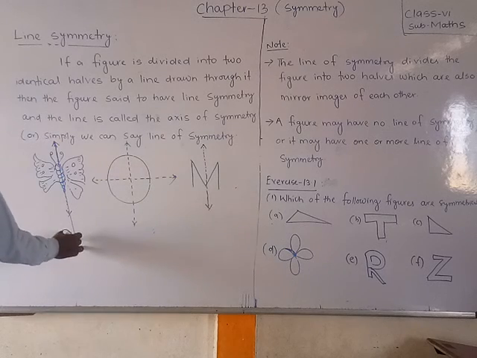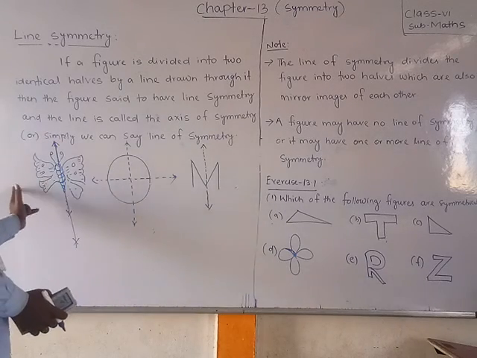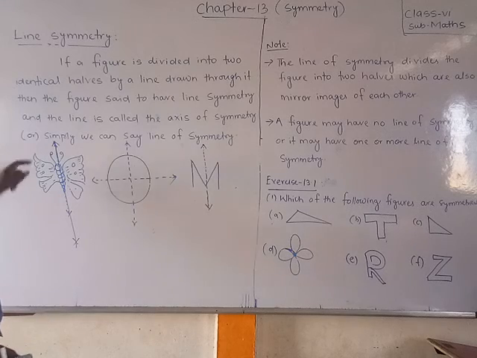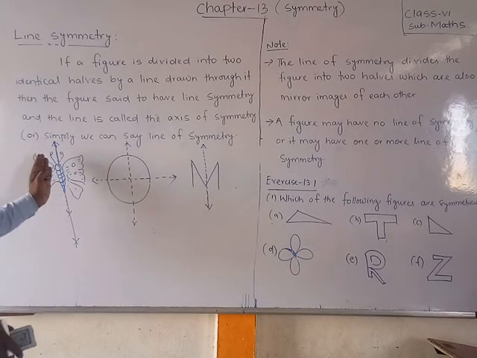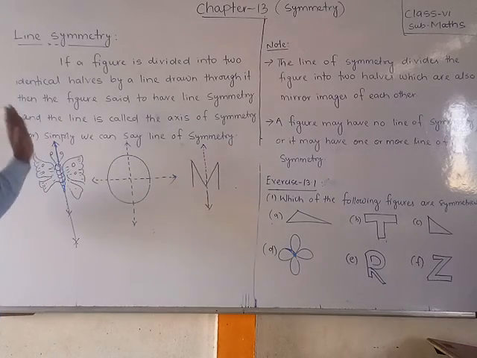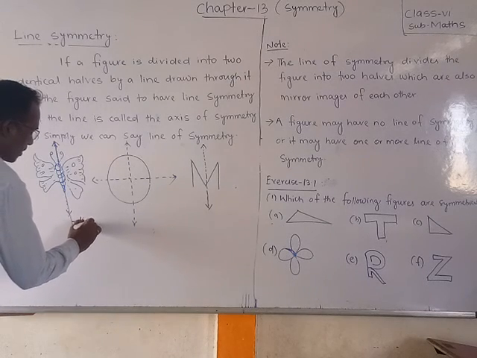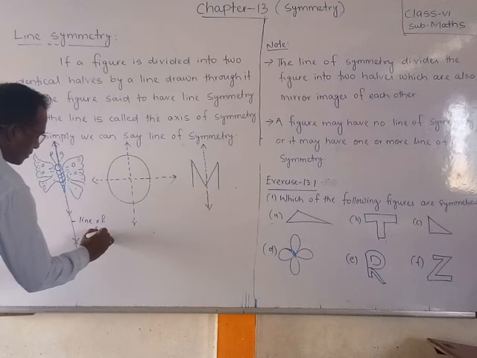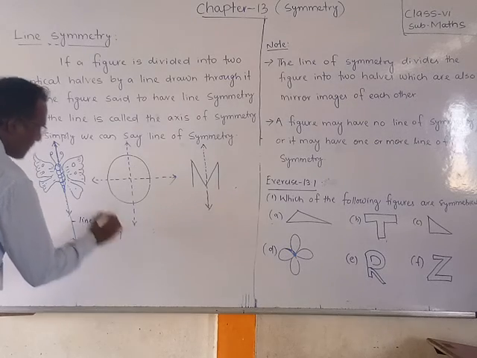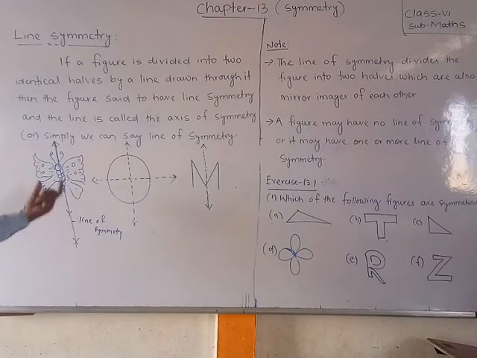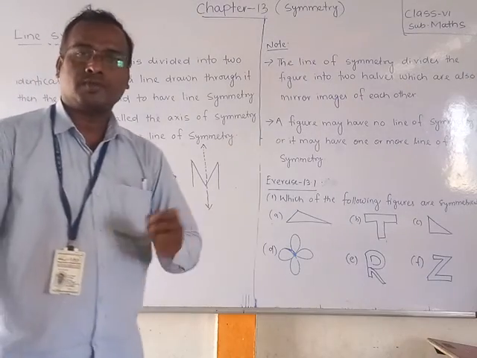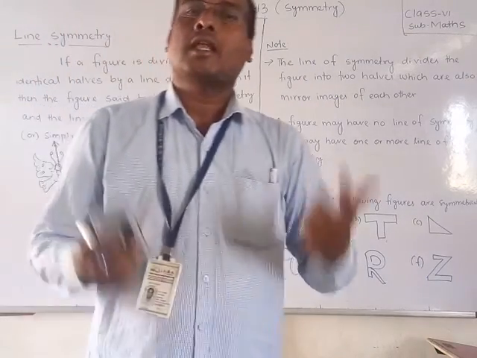If you fold it and keep it here, it will be exactly the same. So this line is called a line of symmetry, or axis of symmetry. Simply we say line of symmetry.